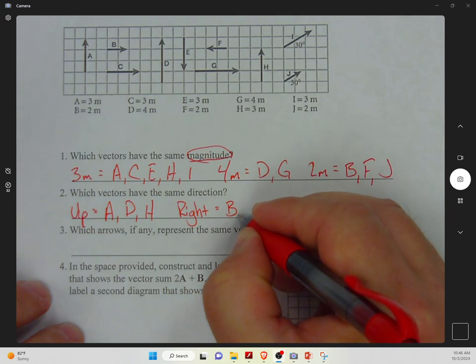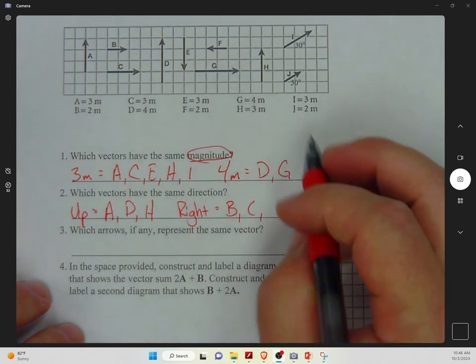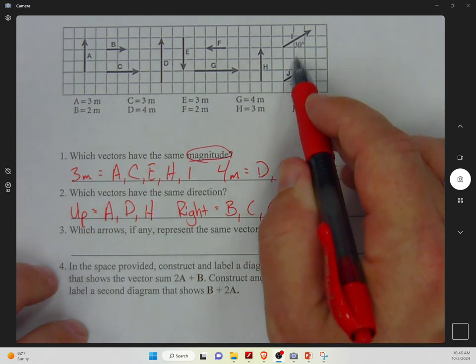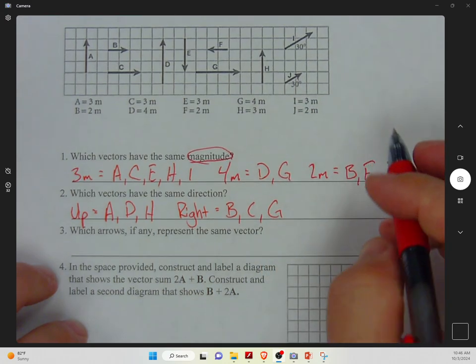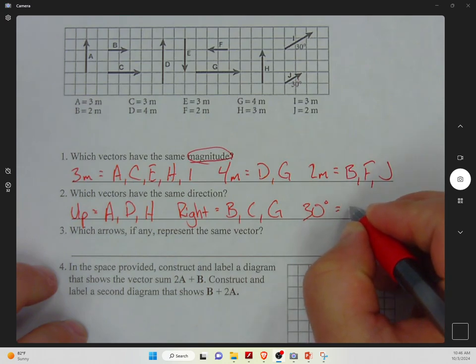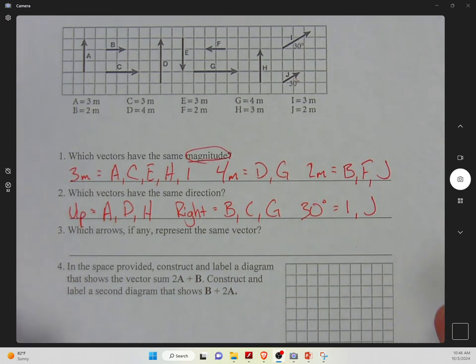B and C are right next to each other, so that makes it easy. And then G. That's it for ones going to the right. And then both moving at 30 degrees from the horizontal is I and J. Straightforward, right?